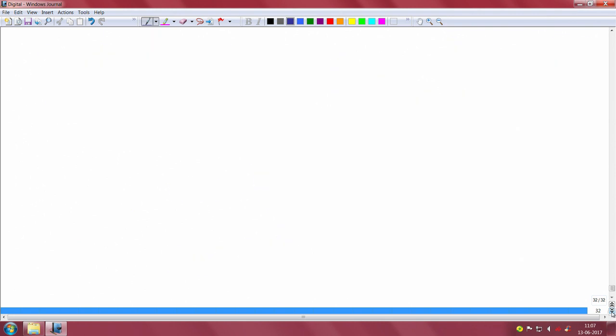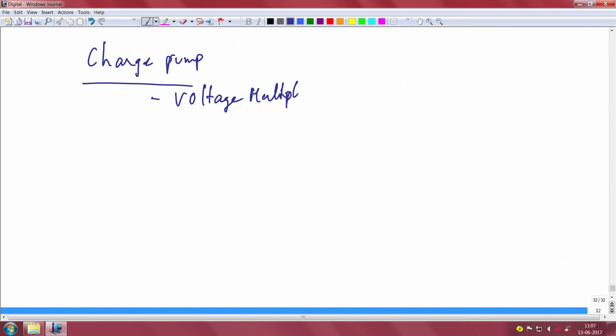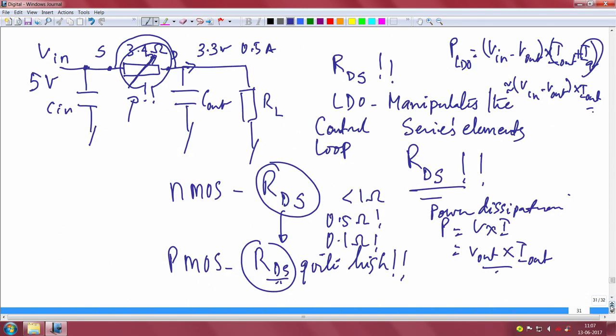Charge pumps are another kind of devices which essentially are built inside the LDO, but you can also buy them outside. Essentially it is nothing but a voltage multiplier, okay, and we will see how to build these for the purposes of our work at a subsequent time. Alright. So, this is one part of the story.